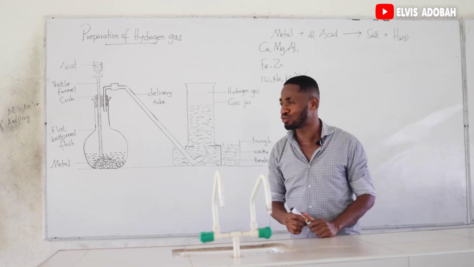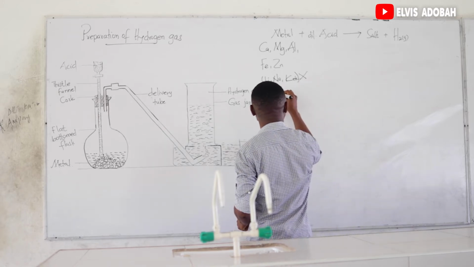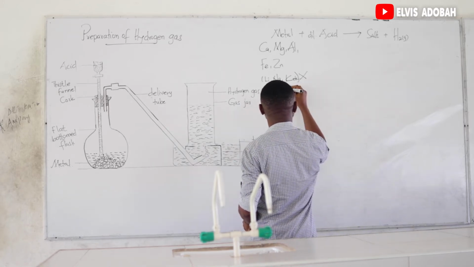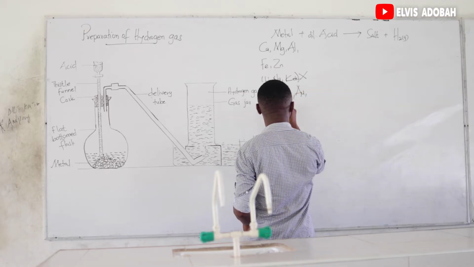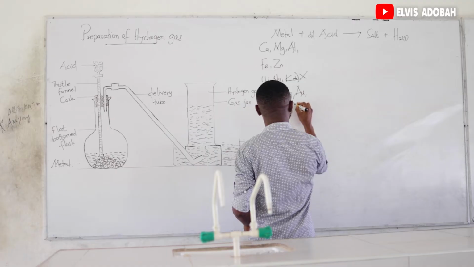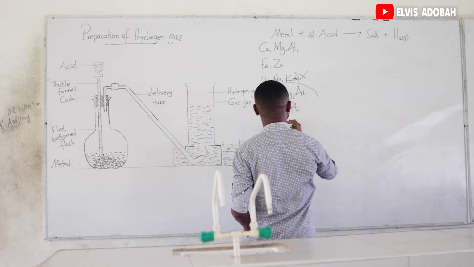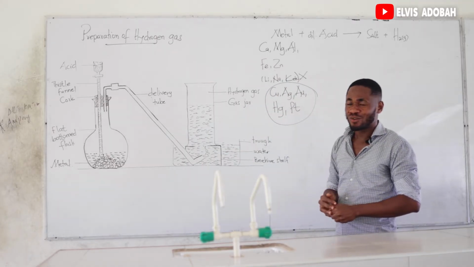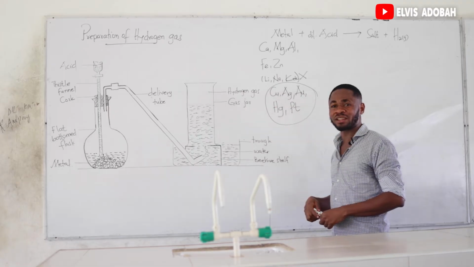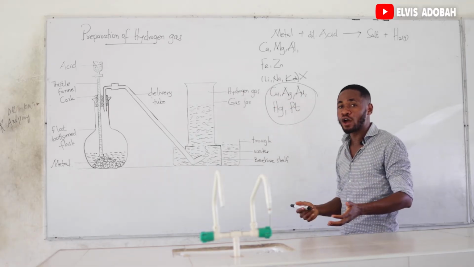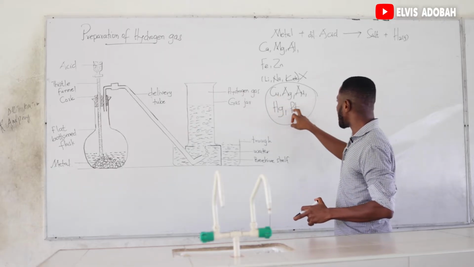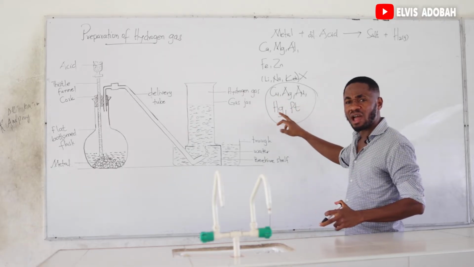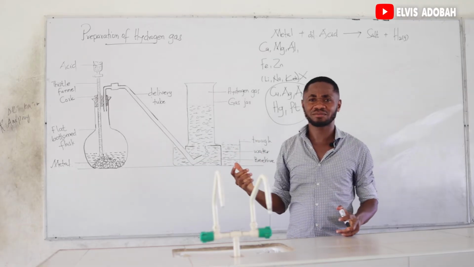There are other metals too. We have copper, silver, gold, mercury, platinum. We do not use these metals either for this reaction, because these metals are not reactive.